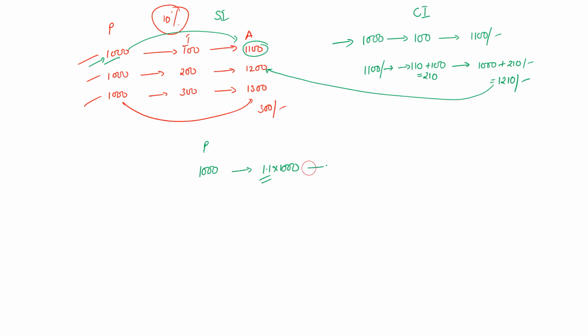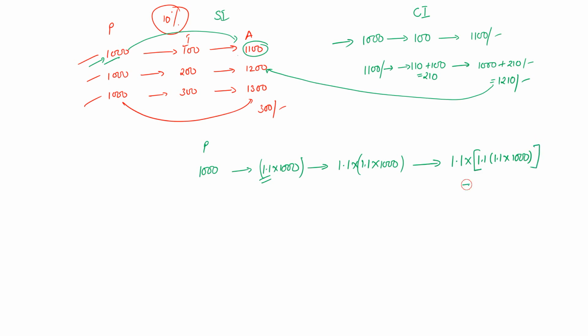Now let's say you want to use it for one more year. So I need to multiply by one more 1.1 because now this money will grow by 10%. That's why I'll have to multiply the previous value by 1.1. If you want to use it for one more year, I need to multiply it by 1.1 again. Which value? The previous one, which was the amount due at the end of 2 years.